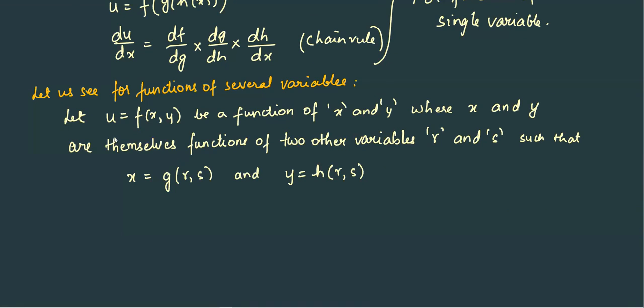So u is a function of x and y, and x is a function of r and s, y is a function of r and s. Okay, so then u equal to f of x comma y can be written in terms of r and s.